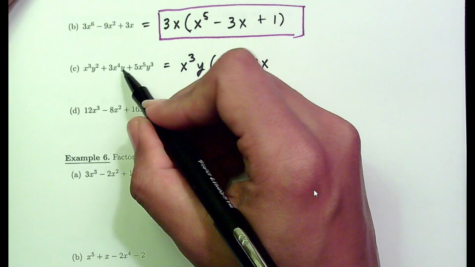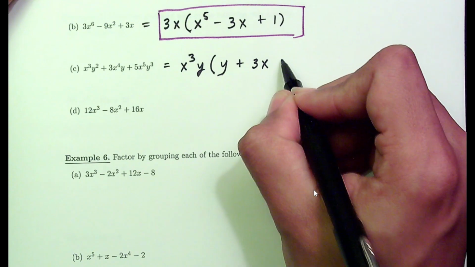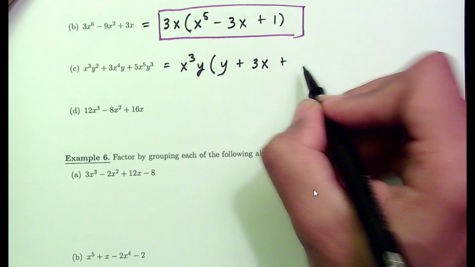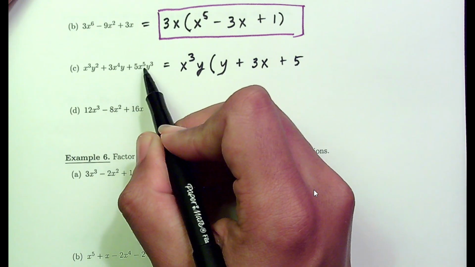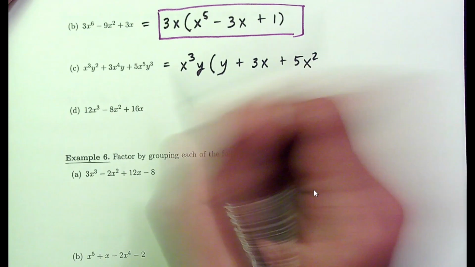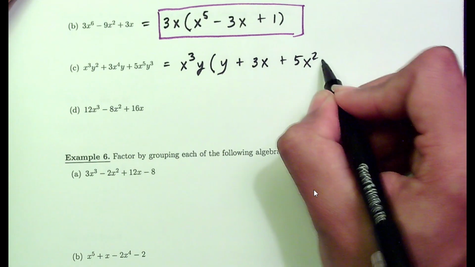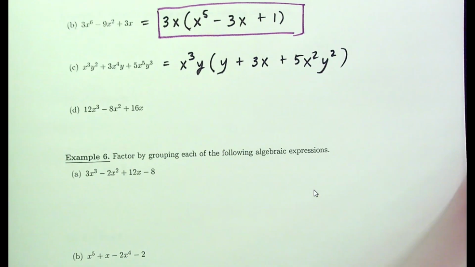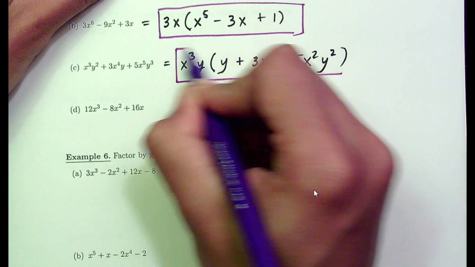And the y is already there, so I don't need to add another y. And lastly, you have 5. You're supposed to have x to the 5th. I already have x to the 3rd, so I need x squared. And then I'm supposed to have y to the 3rd. I already have y, so I need y squared. Okay, and that's the end of that.